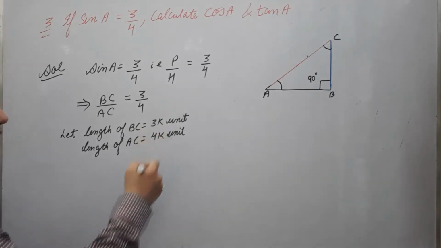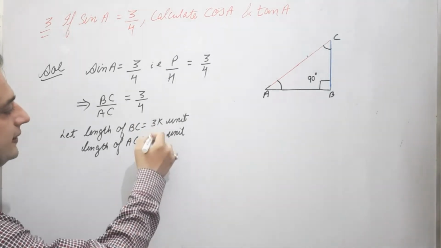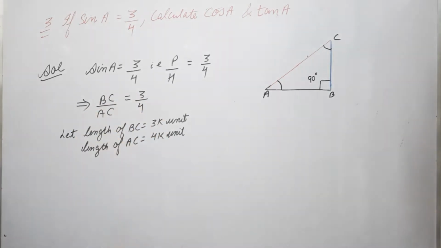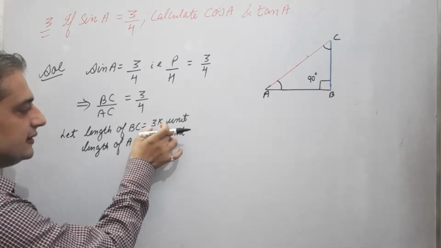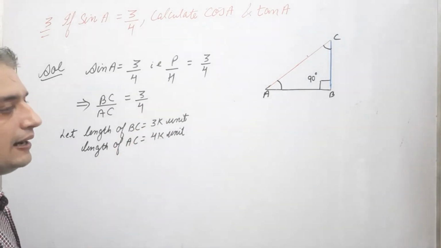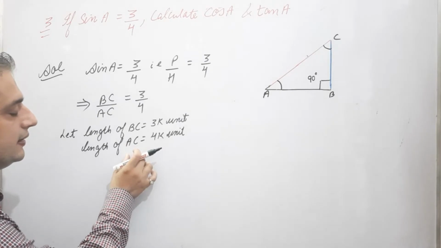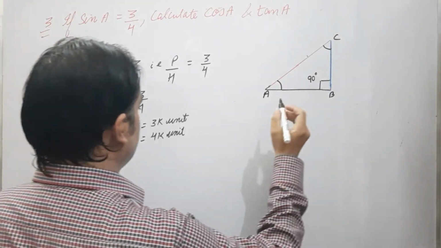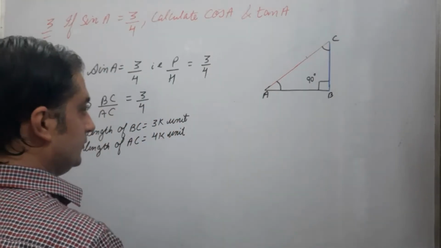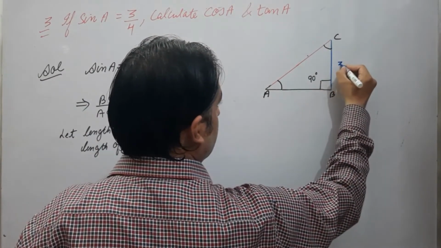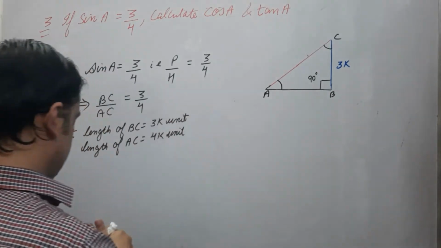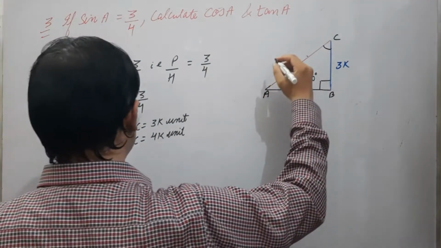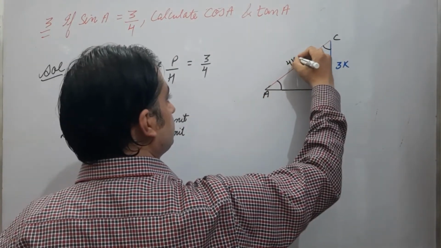If you take the ratio of 3k upon 4k, you will get 3/4, again the ratio. Now here 3k is the length for BC and 4k is the length for AC. So BC is 3k unit, and AC is 4k.